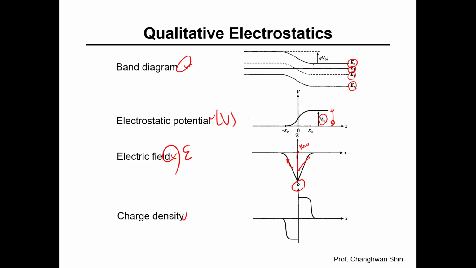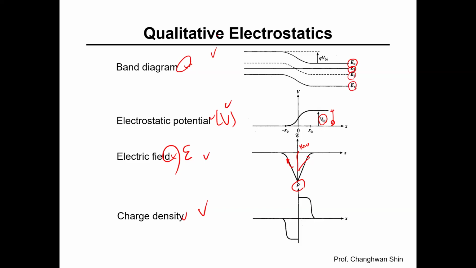All these aspects, charge, field, potential, and energy bands, are different facets of the same underlying physics, connected through Maxwell's equations, Poisson's equation, and semiconductor physics principles.